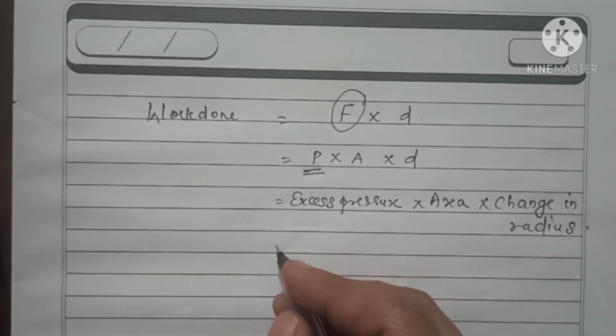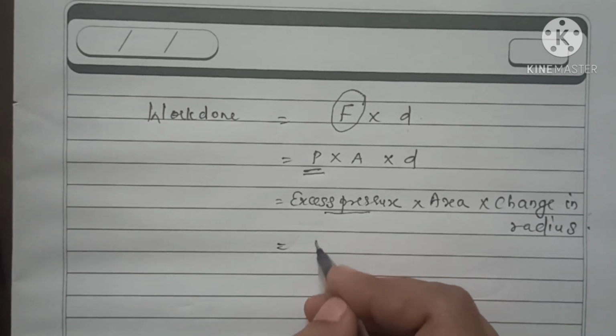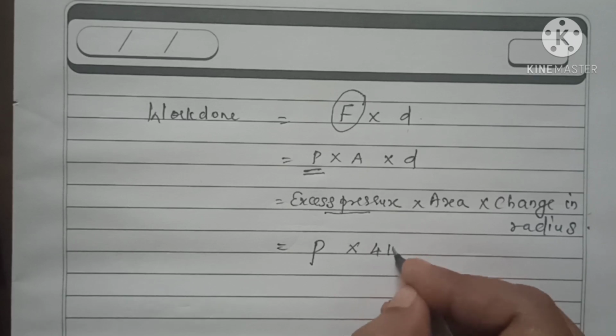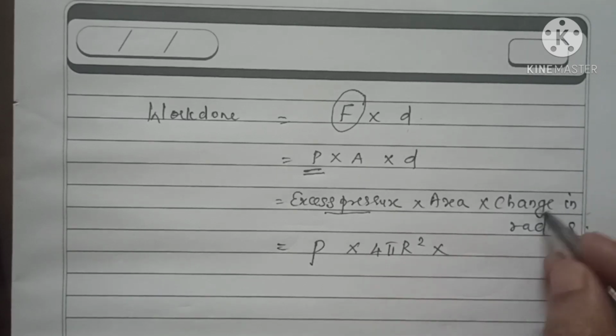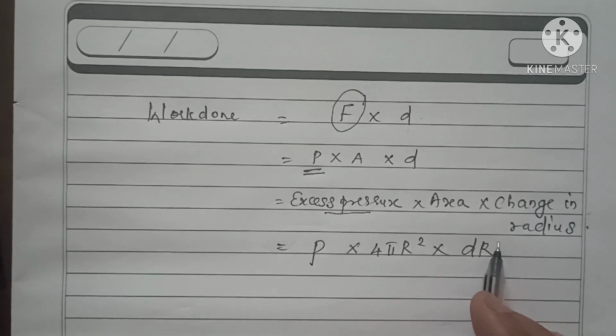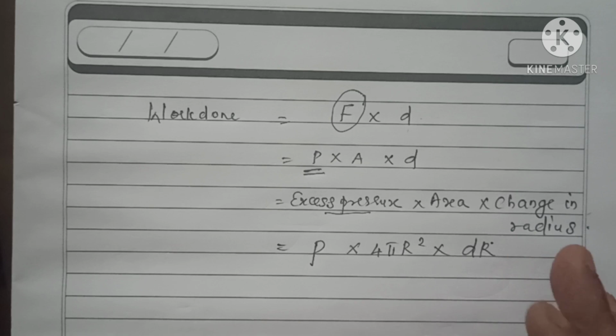That is, excess pressure denoted as P, into area 4 pi r squared, into the change in radius, which is dr. So P into 4 pi r square dr. Clear?